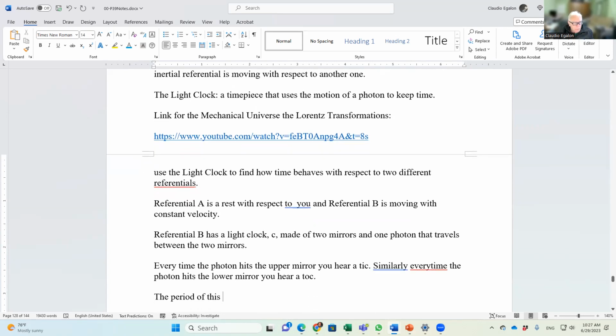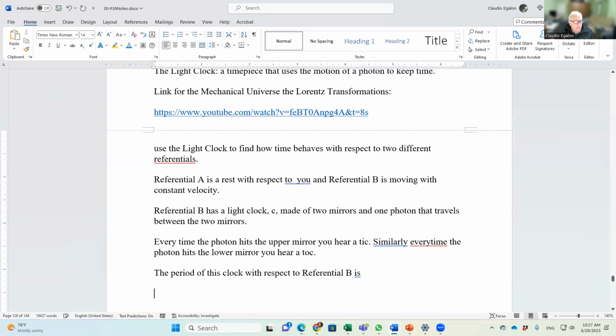The period of this clock with respect to referential B is a clock made of two mirrors separated by a distance D, and one photon that travels back and forth.